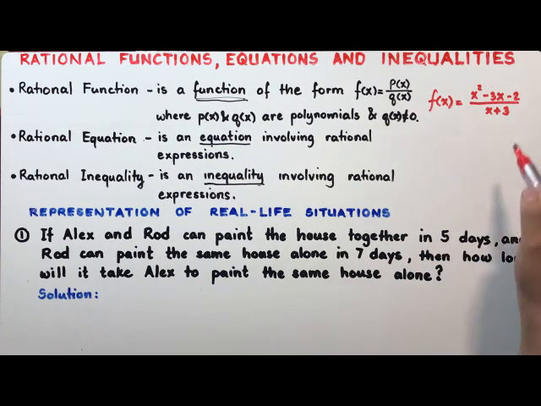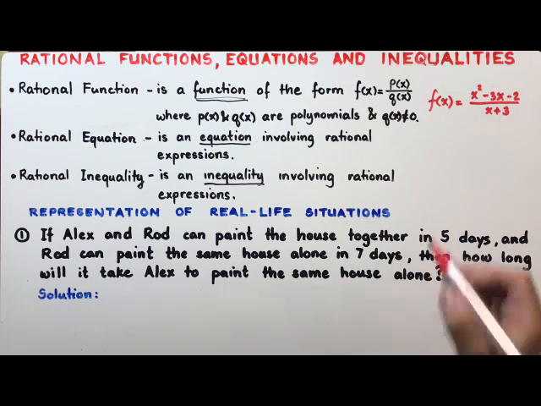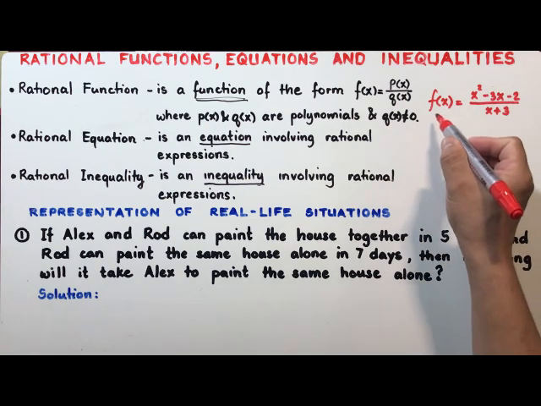Why? Because you see here that the numerator is a polynomial and also the denominator is a polynomial. Then it is a ratio of two polynomials, hence this is a rational expression. And since we have f of x equal to this rational expression, this is a rational function.